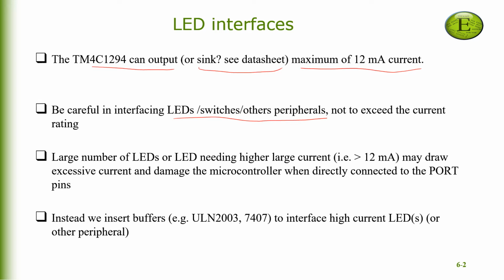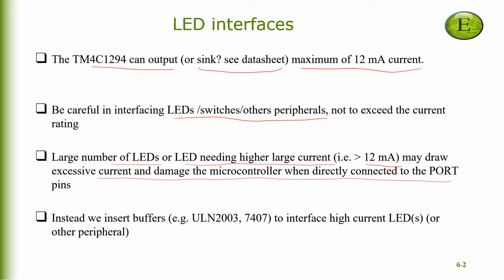So if there is an upper limit on the amount of current entering or leaving the microcontroller, then we must be careful in interfacing the peripherals. For instance, if we are connecting too many LEDs, or a few LEDs needing current that accumulates higher than 12 milliamps, and if those LEDs are connected directly to the microcontroller, that may result in damaging the microcontroller.